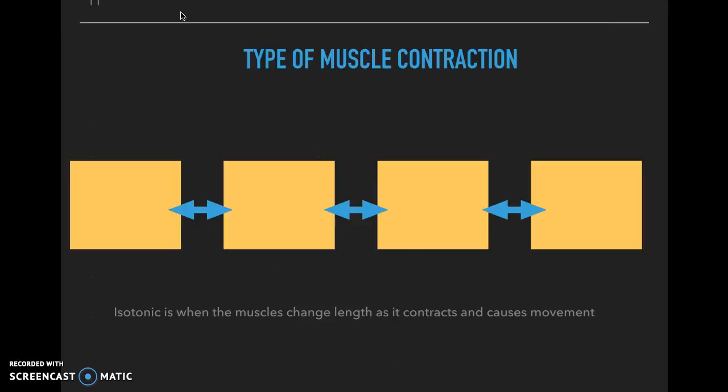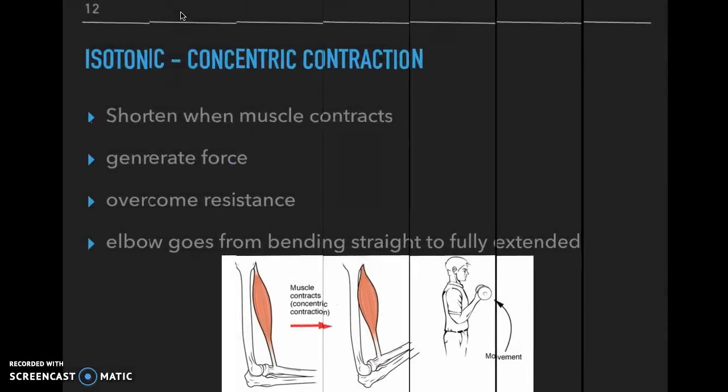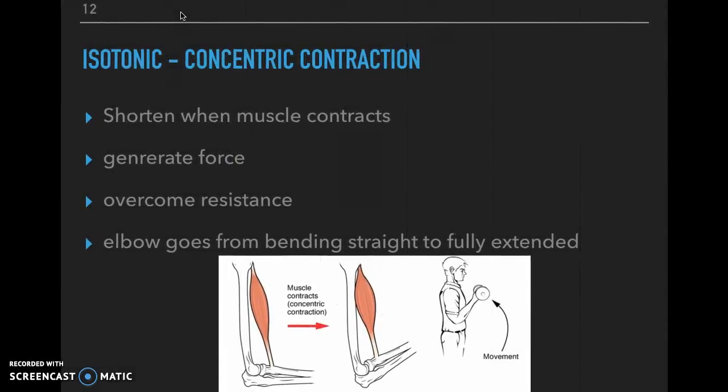So when muscles contract, there are 4 different types of contraction: isotonic concentric, isotonic eccentric, isometric, and isokinetic. Isotonic is when the muscles change length and it contracts and causes movement. Isotonic concentric contraction is where the muscles shorten when the muscle contracts.